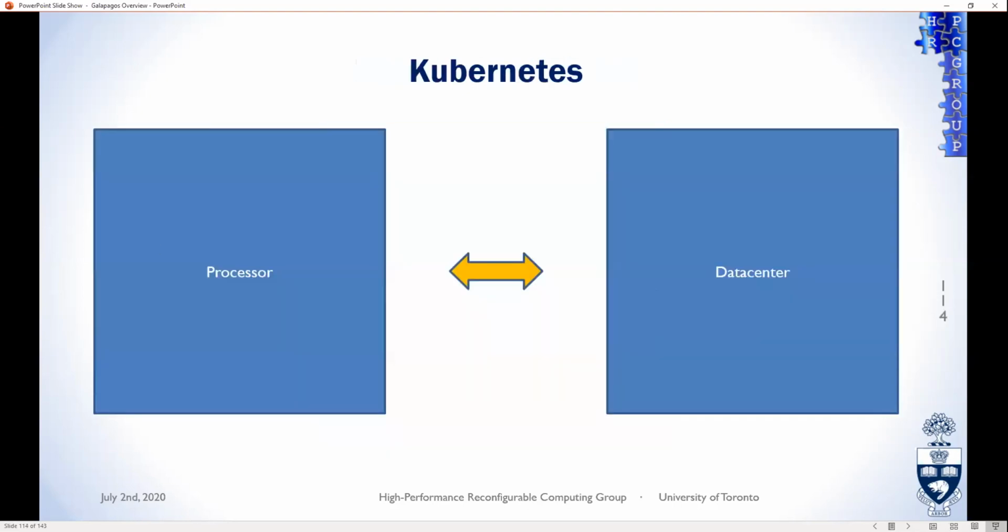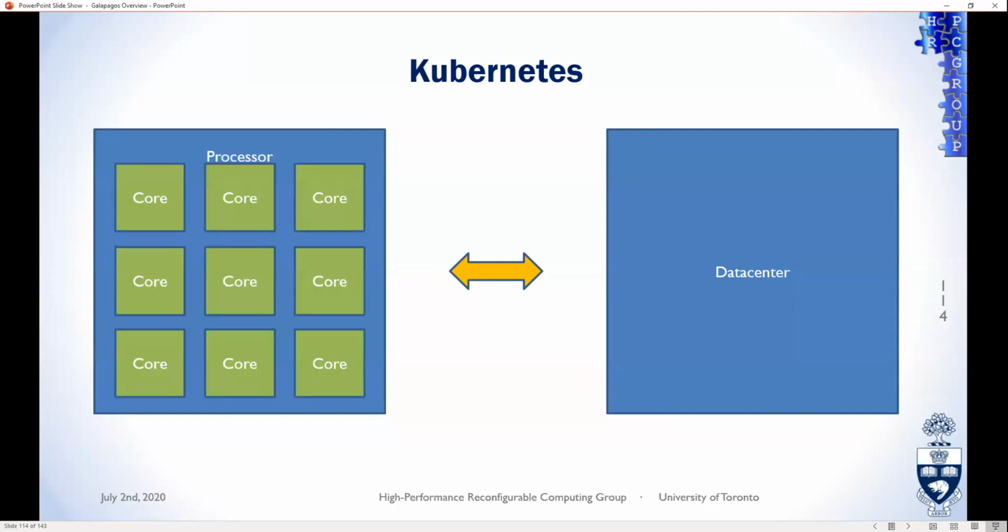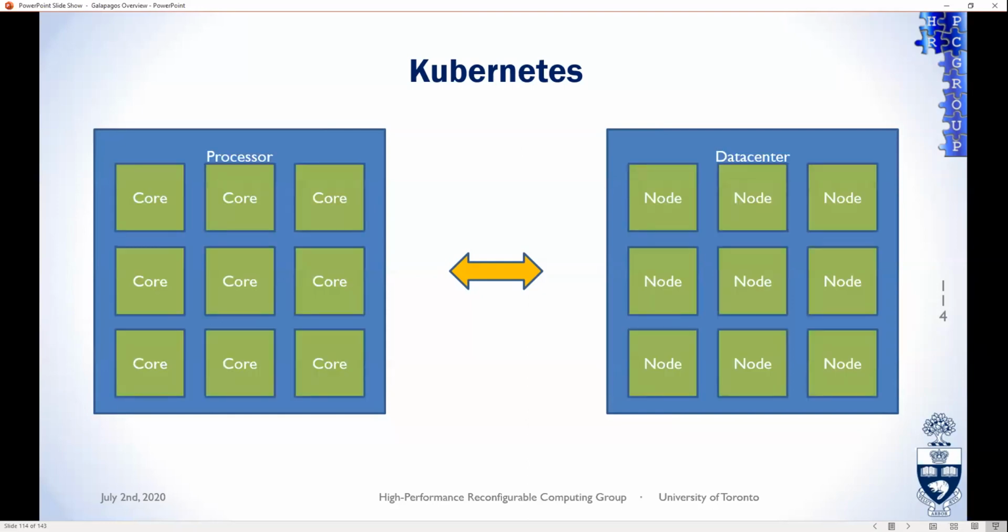The second bit of background I'm going to talk about is Kubernetes. And to understand what Kubernetes is, I'm going to throw a little analogy here between the processor and the data center. The same way processors have cores, data centers will also have nodes or servers.